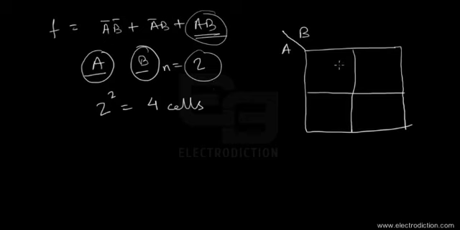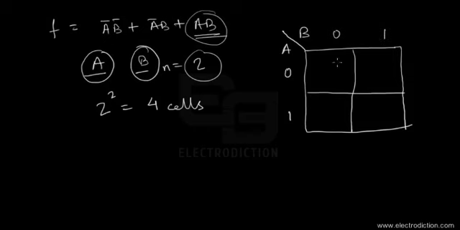Okay, so let's designate the rows and columns. In order to bring out the respective combinations of the minterms, we shall start designating the rows with binary data, 0 and then 1. Then the other variable b can also have 2 possible values, that is also 0 and 1.